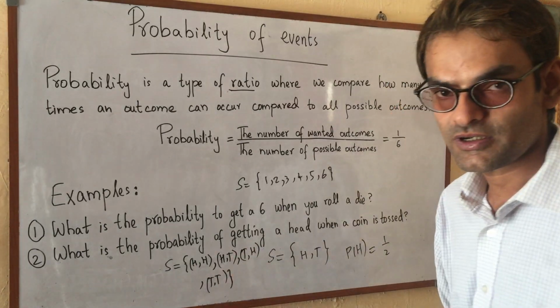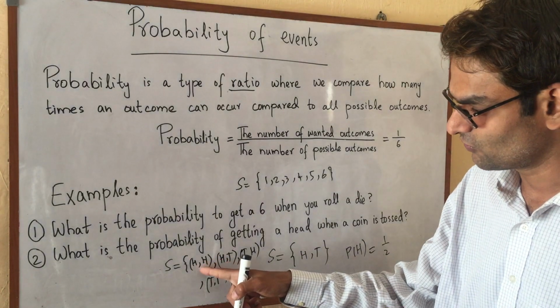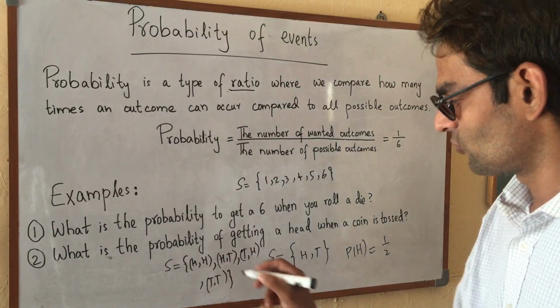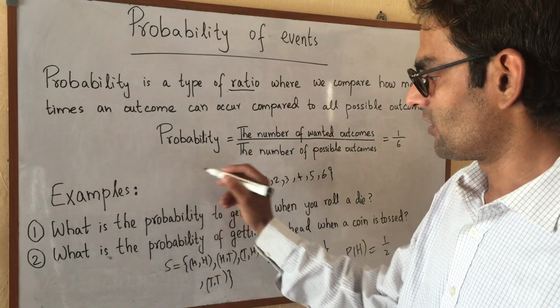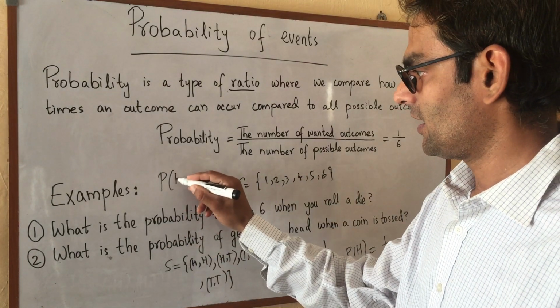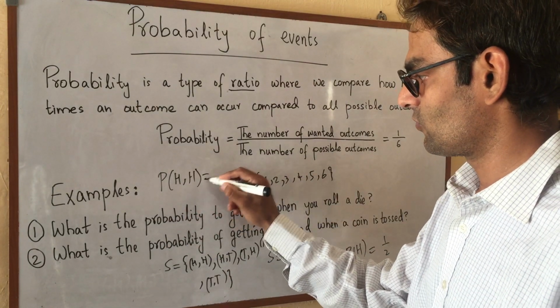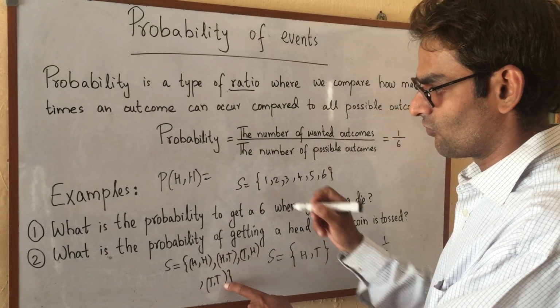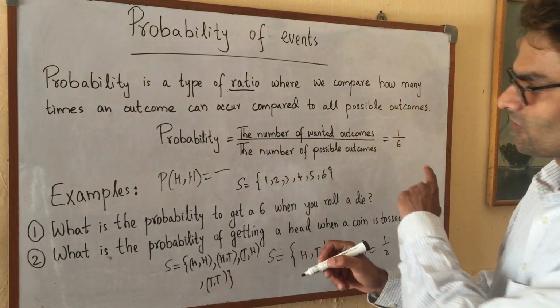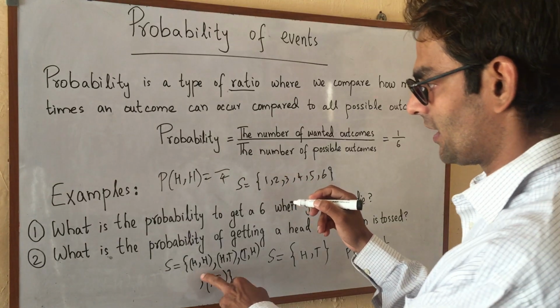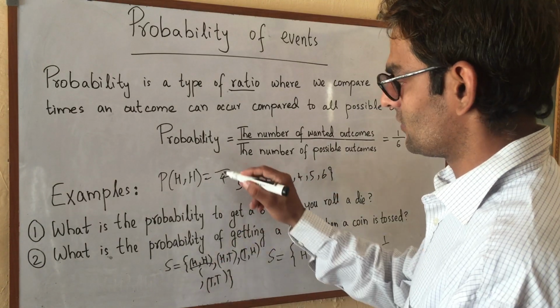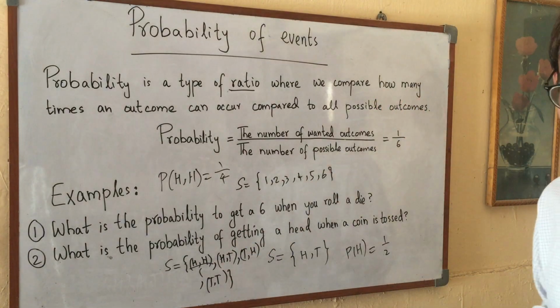So how many possible outcomes are there here? Students, 1, 2, 3, 4. So if you want the probability of head and head, your possible outcomes are 4, and for head head only 1. So 1 out of 4, which is a 25% chance.